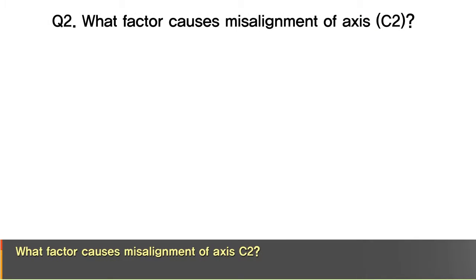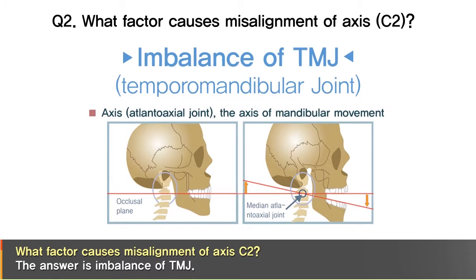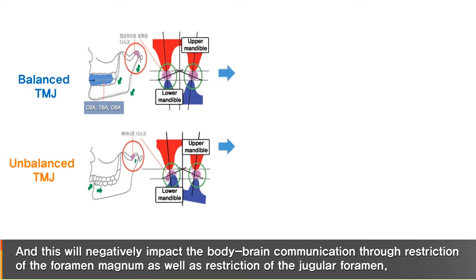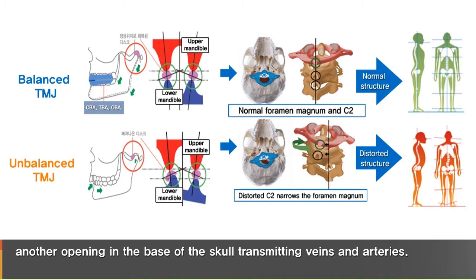What factor causes misalignment of axis C2? The answer is imbalance of the TMJ. Once the C2 is distorted due to the TMJ imbalance, the entire structure will follow and distort. And this will negatively impact brain-body communication through restriction of the foramen magnum, as well as restriction of the jugular foramen, another opening in the base of the skull transmitting veins and arteries.